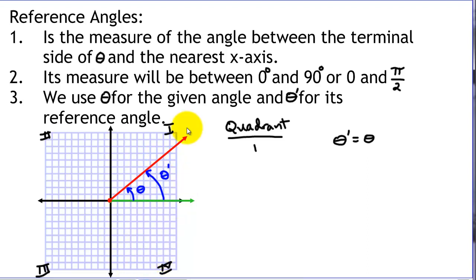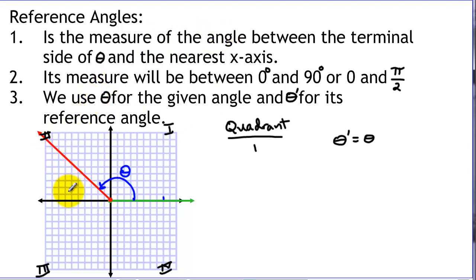Let's move over to quadrant 2. So now our theta is this angle, but it says here we measure the reference angle as being the angle between the terminal side and the nearest x-axis.